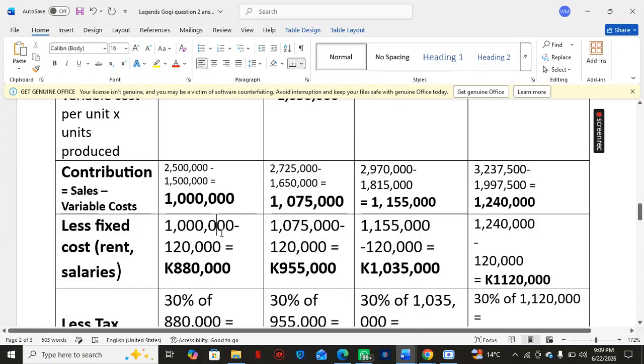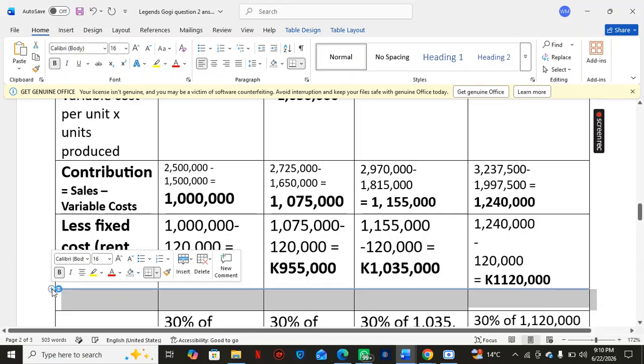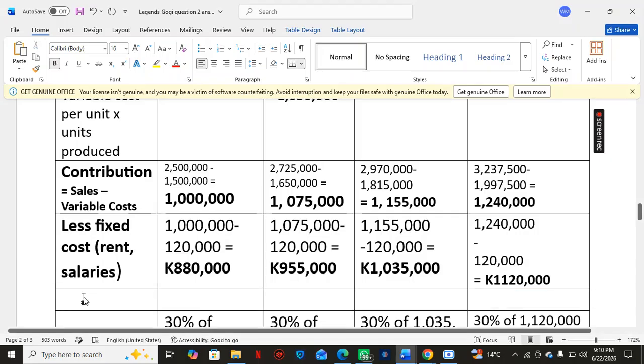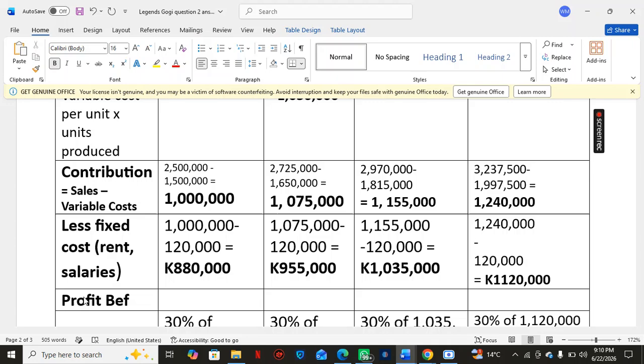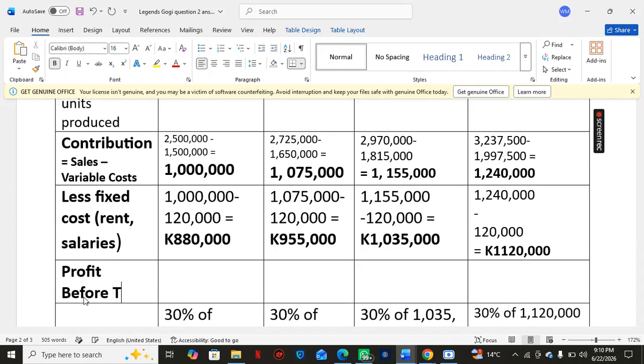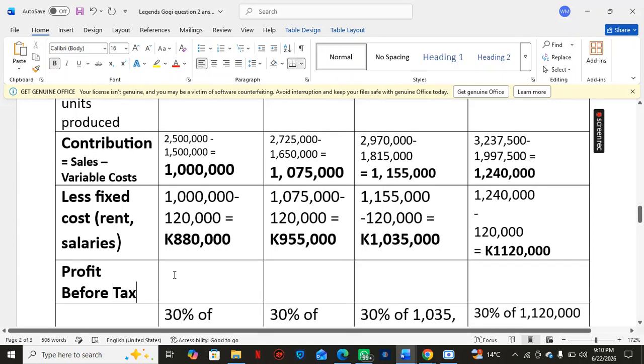So our profit before tax is our contribution minus the fixed costs.